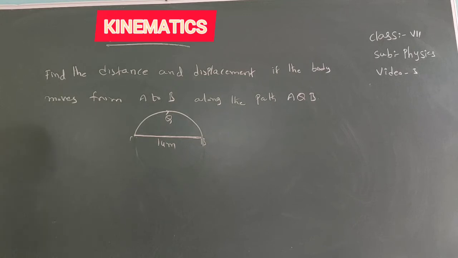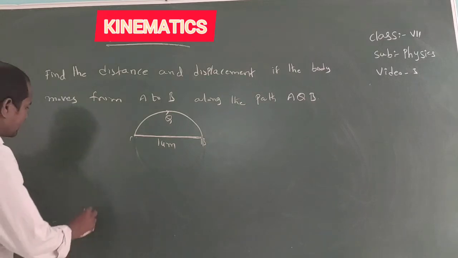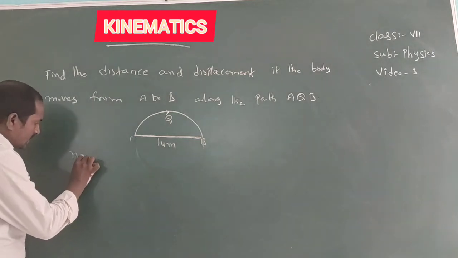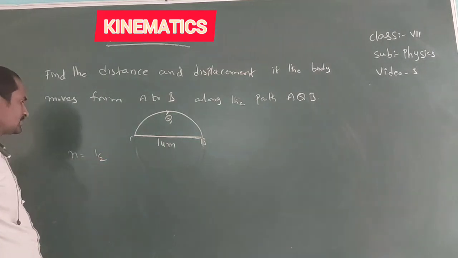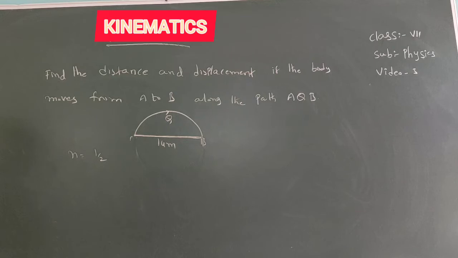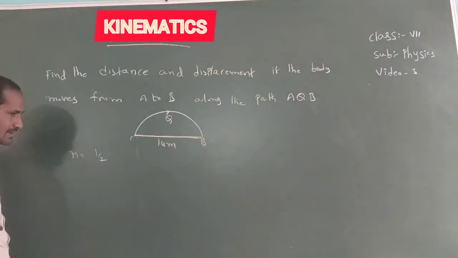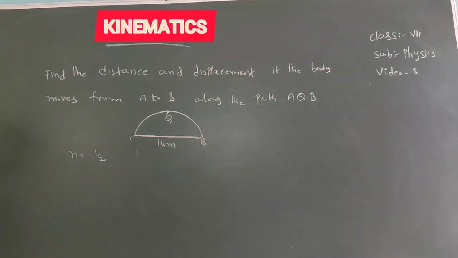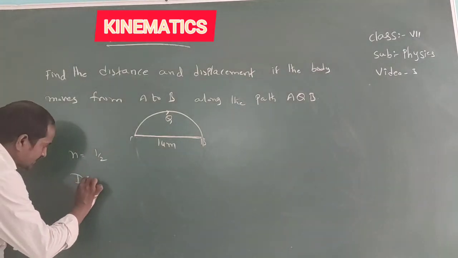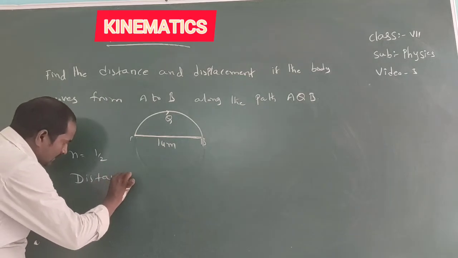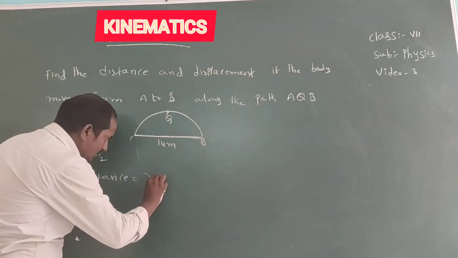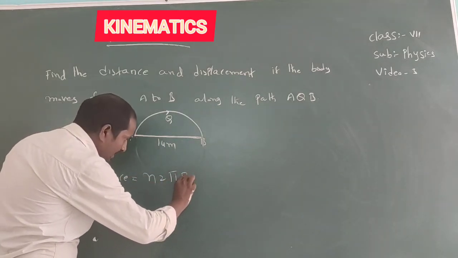Semicircle means n equals 1 by 2. Half circle, here n equals 1 by 2 times. So we know that if a body is moving in a circular path, distance equals n into 2 pi r.